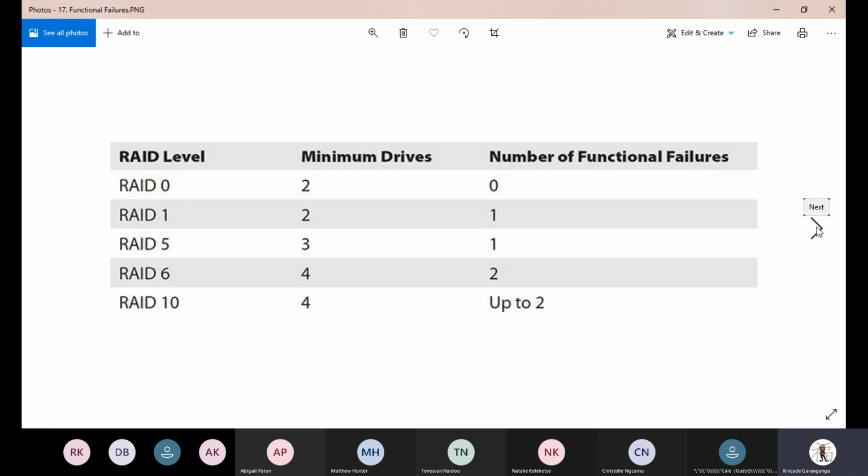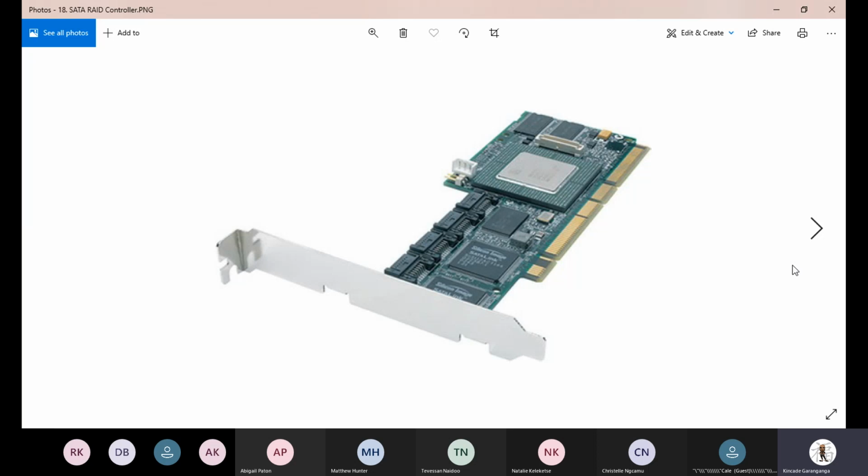So this is a typical example of what a SATA RAID controller would look like. Something that you need to plug into your PCI slots there, and then be able to utilize RAID architectures on a hardware level, in combination with your software environments there.